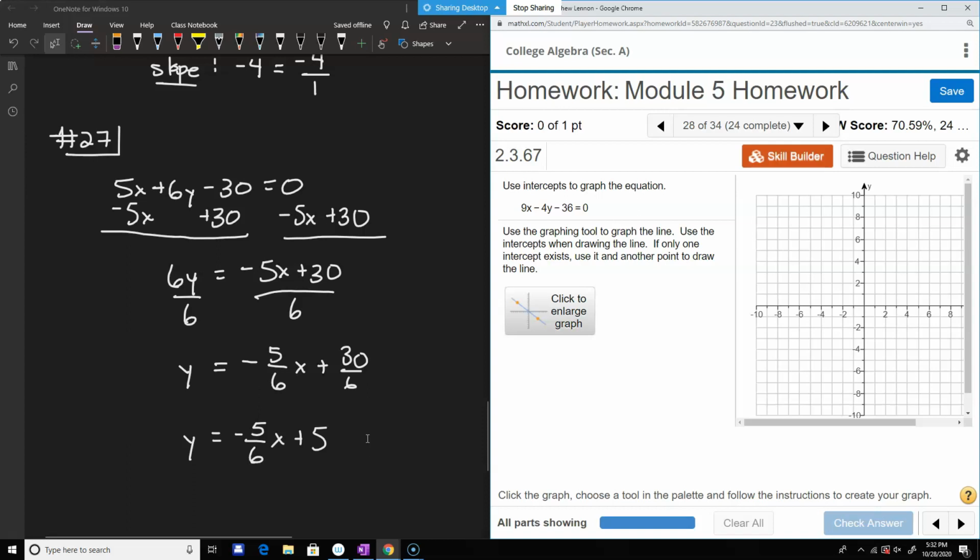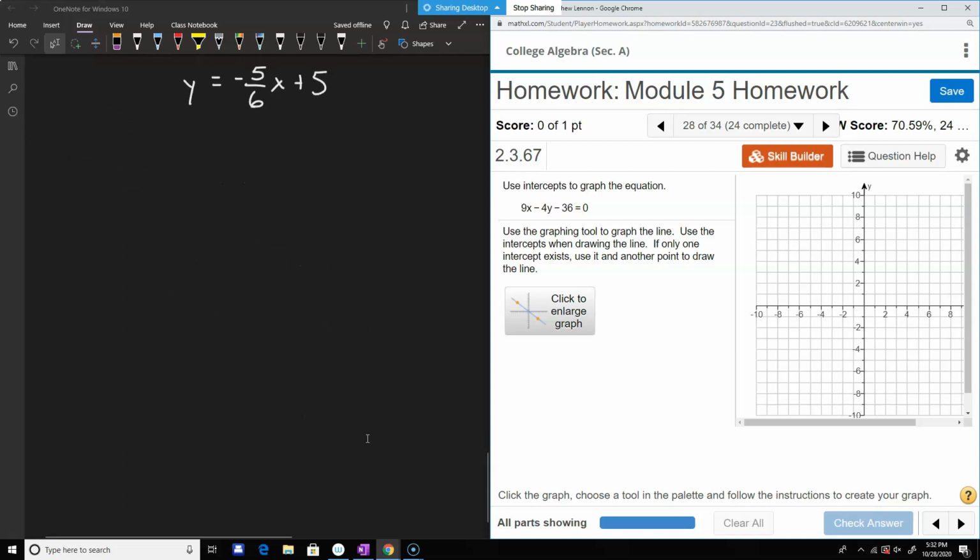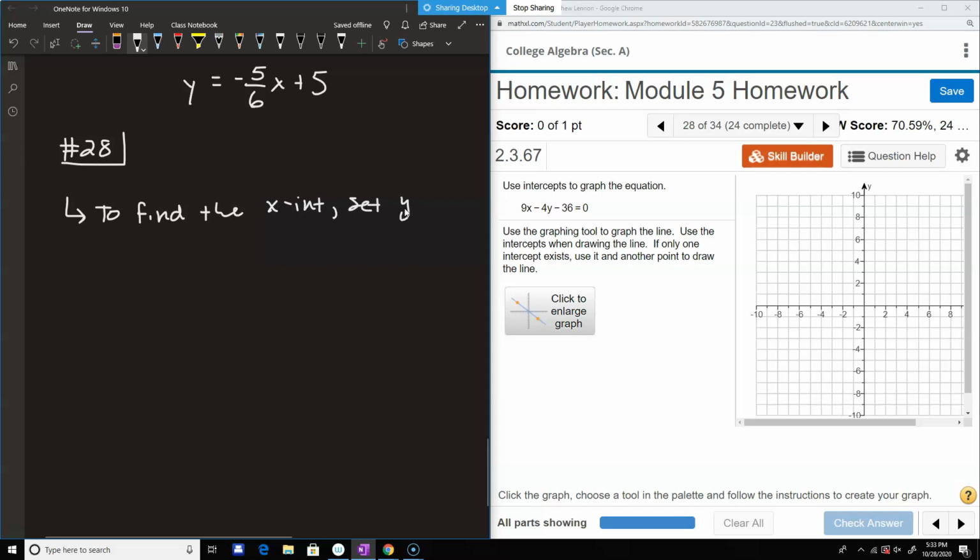Okay. Number 28 wants us to use the intercepts to find the graph. So remember how to find the intercepts. So let's do it in two parts. So to find the x-intercept, set y equal to 0 and solve.